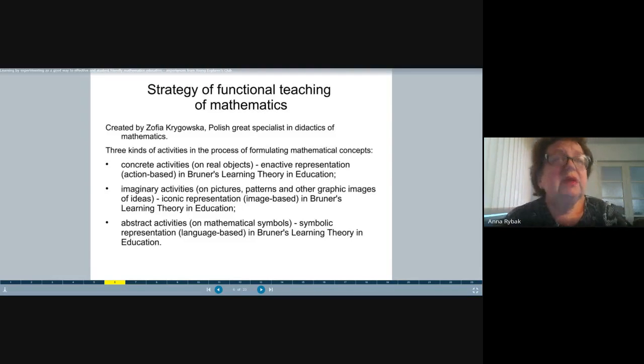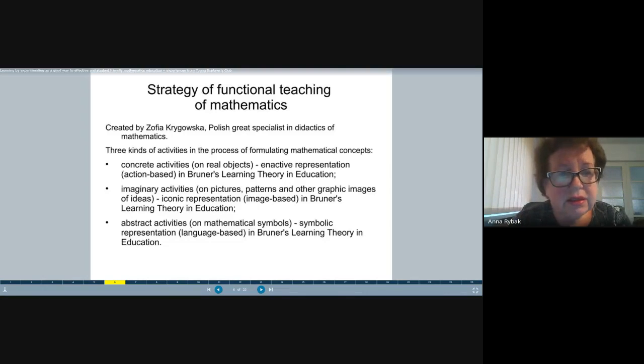A very good strategy that can help students learn mathematics through their own activity is the strategy of functional teaching of mathematics. It was created by Zofia Krygowska some 50 or 60 years ago.